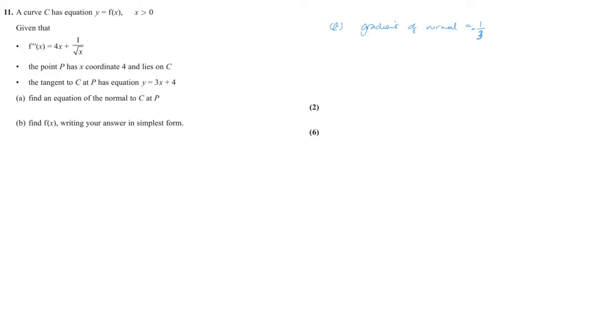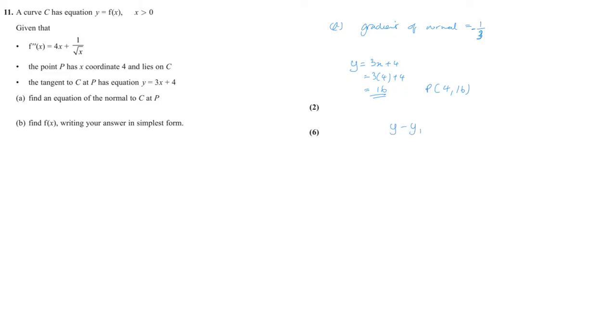Now P has x coordinate 4. So using the tangent where x equals 4, 4 times 3 is 12, plus 4 is 16. So P is (4, 16).